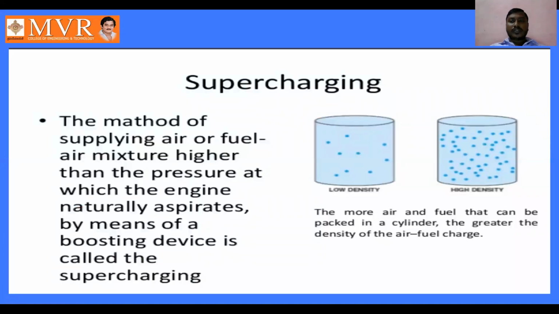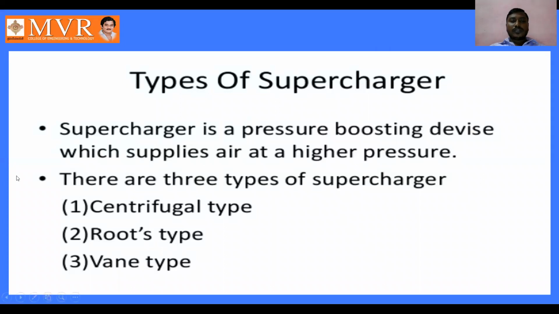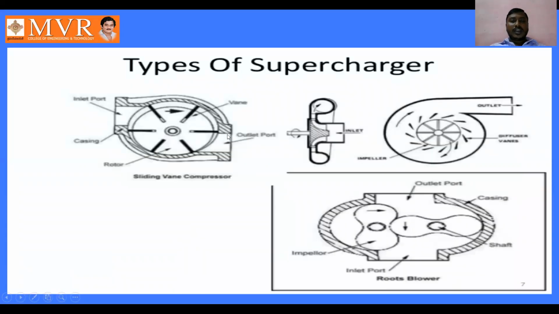These are the types of superchargers we are using here: centrifugal type, roots type and vane type. We have observed the diagrams of how the air enters the vane compressor. See, these are the vanes in between the vanes and the rotor. So the air enters the sliding vane compressor. In between the rotor and the casing, the air is compressed.